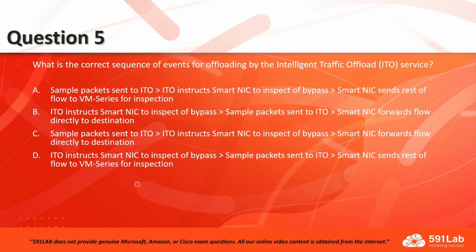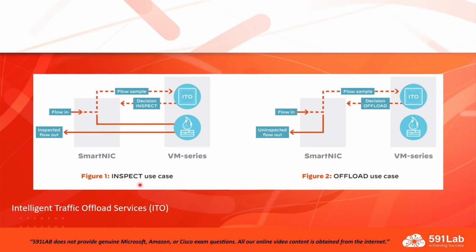Let's understand the flow of ITO, or Intelligent Traffic Offload, in the next slide. Here we have two figures. Figure 1 is the flow of ITO when the traffic is being inspected, while the second one is the flow of ITO when it offloads or bypasses the traffic.